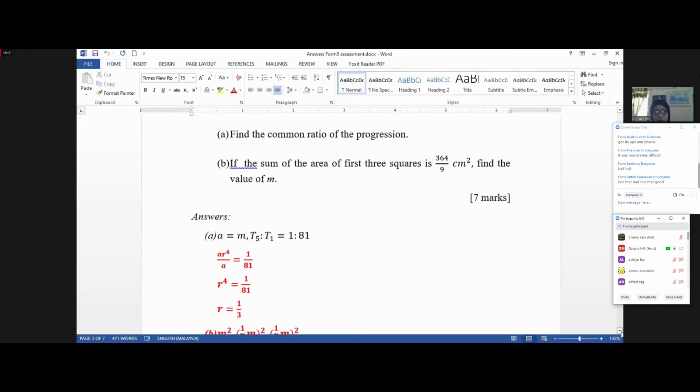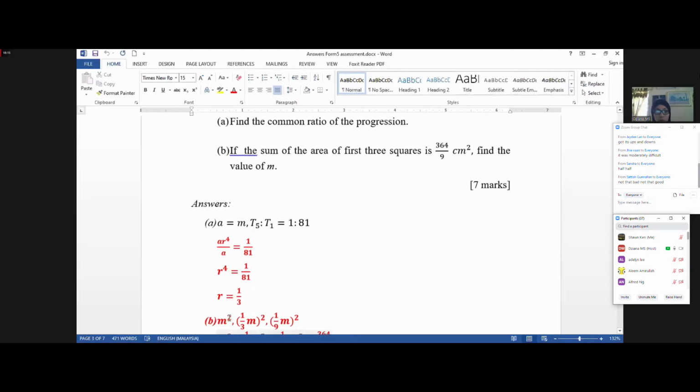So the first area is m squared. The second area is 1 over 3 m squared because the length is 1 over 3 of the previous one. So 1 over 3 bracket squared, and then the third square, the area is 1 over 9 m bracket squared.